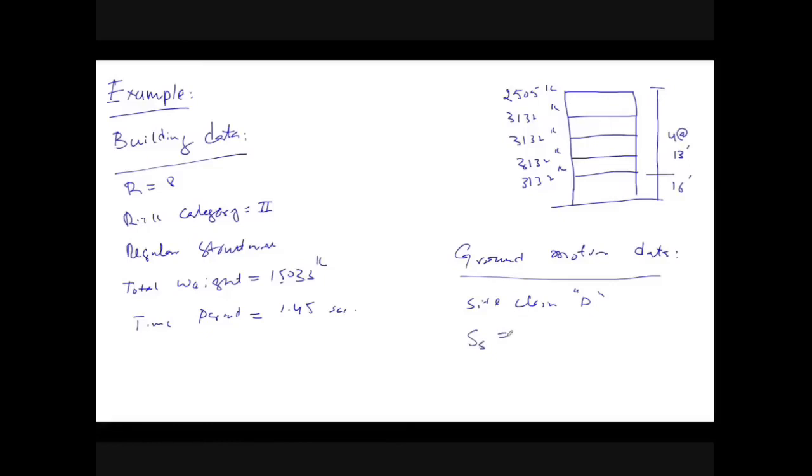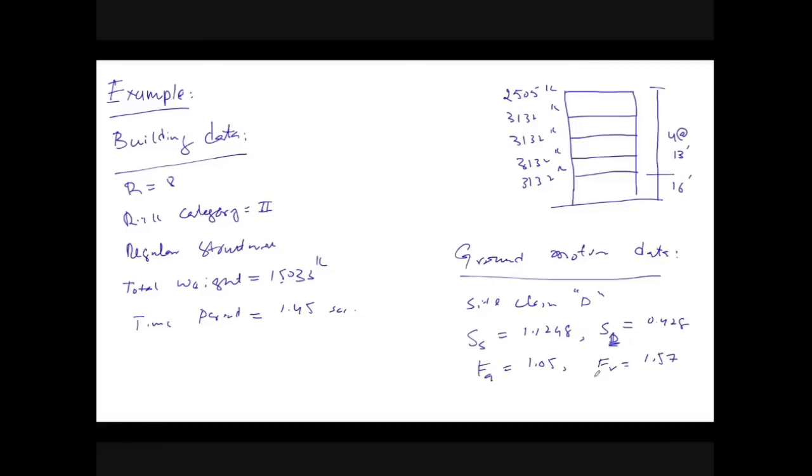The SS is 1.124 g, and the S1 is equal to 0.42 g. Then the values of the soil amplification factors are given: FA is 1.05 and FV is 1.57.